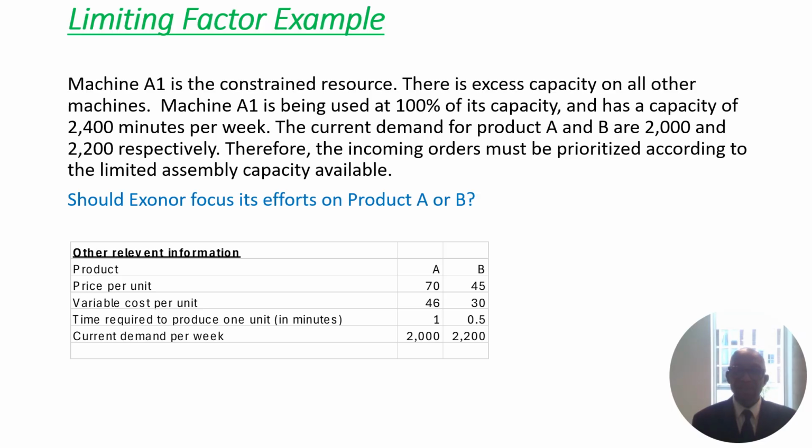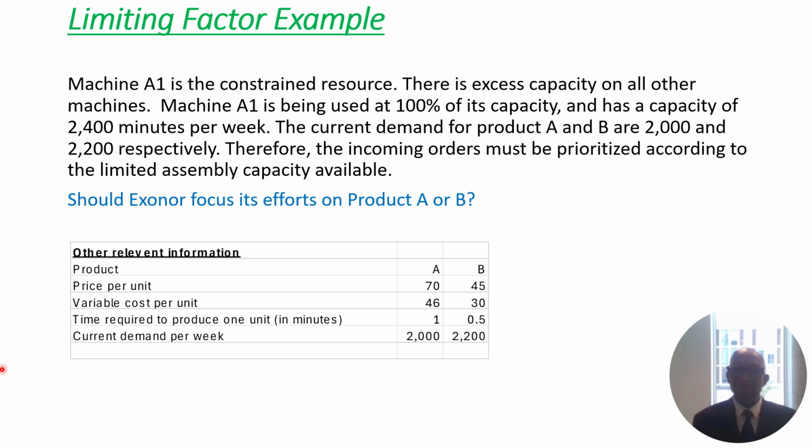On the screen is the example. Here, machine A is the constrained resource, that's the limiting factor. There is excess capacity on all other machines. Machine A is being used at 100% of its capacity and has a capacity of 2,400 minutes per week.